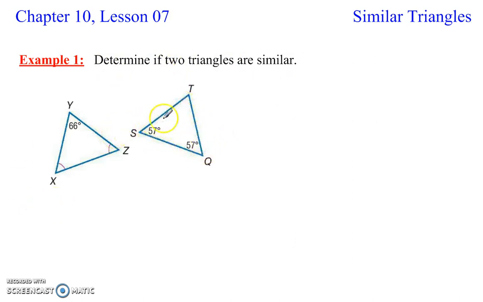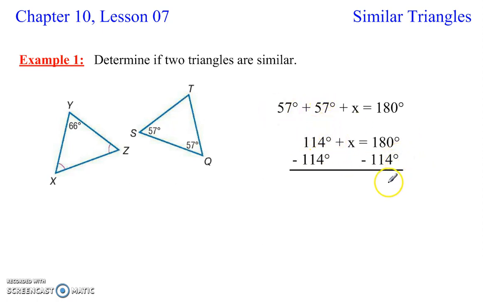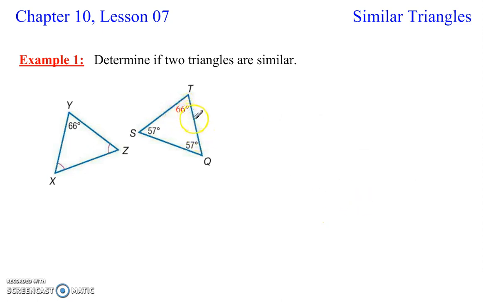So here I can check for this angle up here to see, well, is this one 66? In order to do that, I can add these up. In a triangle, we have 180 degrees, so add these up, subtract that from 180, and then you get x is 66. So this angle is indeed 66.